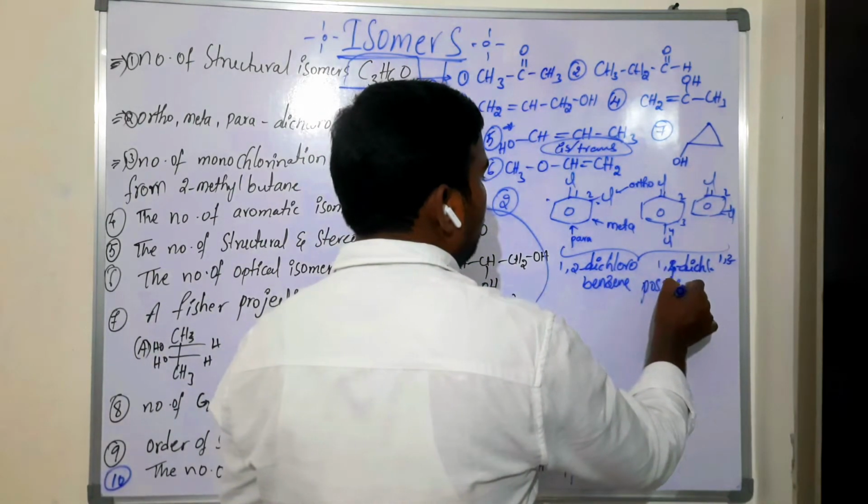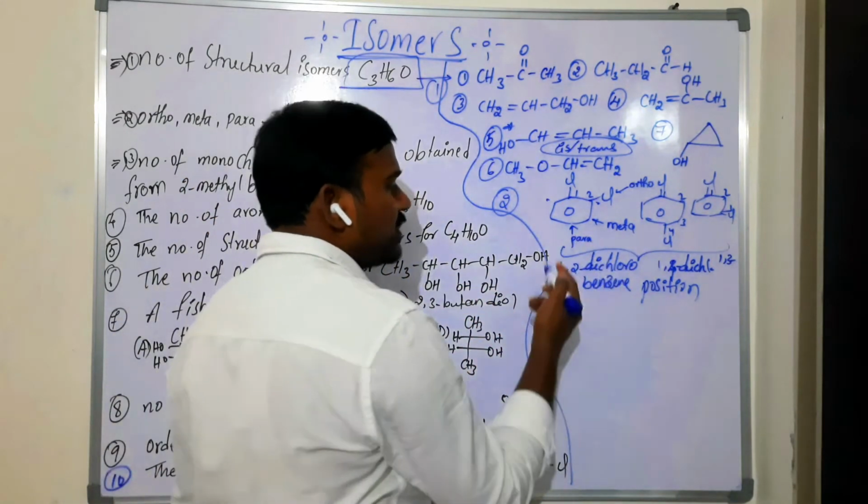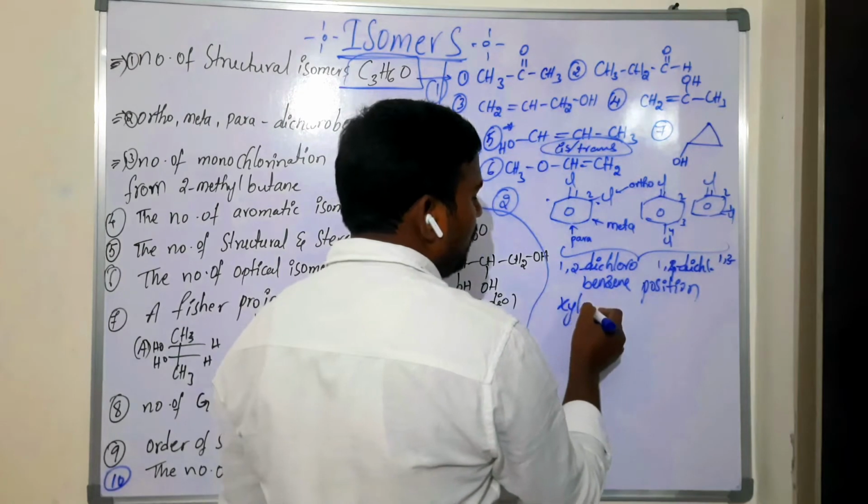Ortho, para, meta-dichlorobenzene come under positional isomers. In place of this, you can also take xylene.